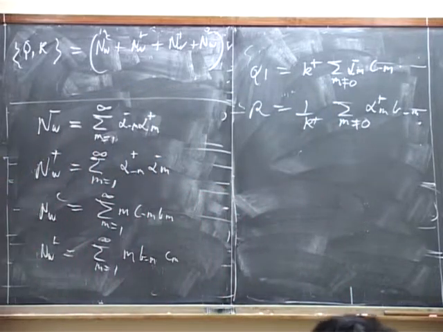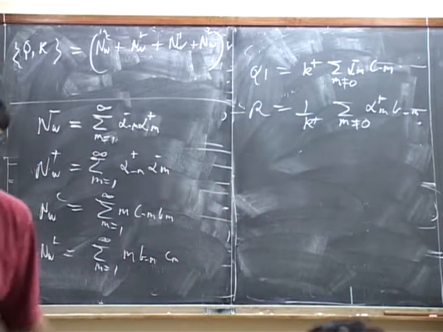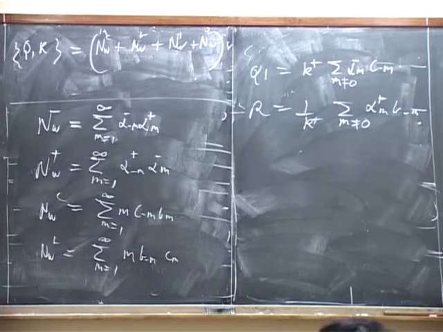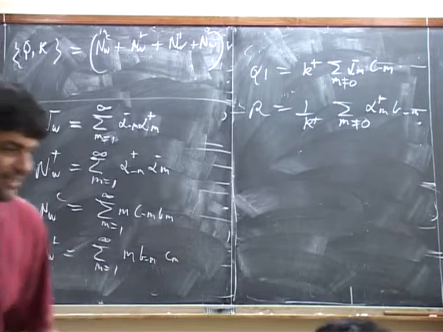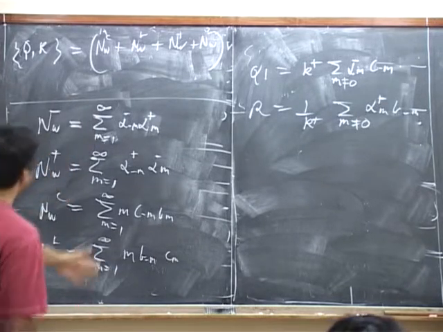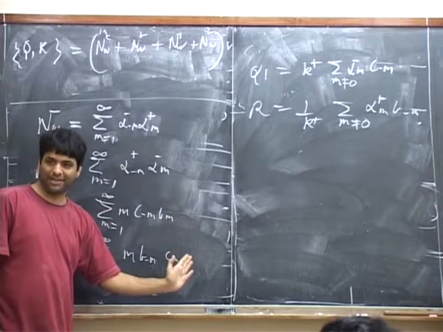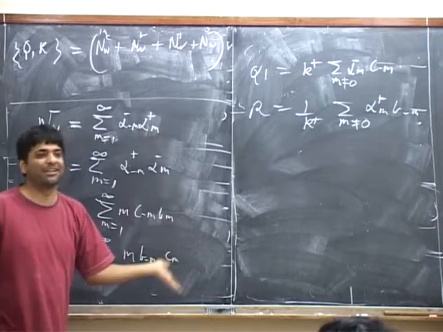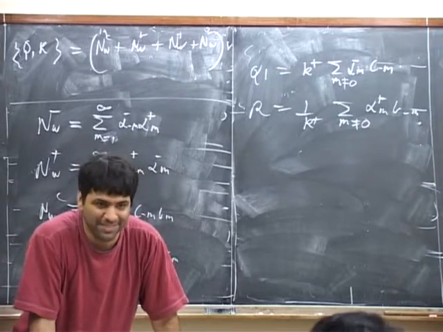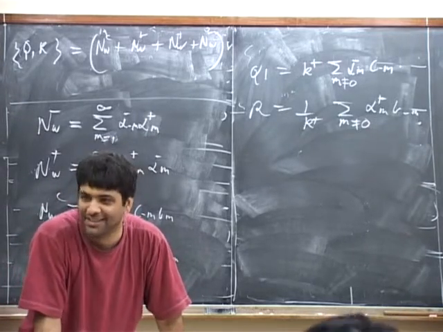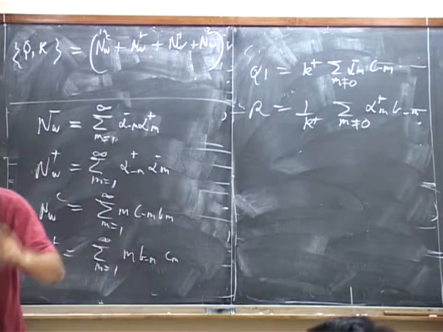So there's always one destruction operator acting. Therefore, the anti-commutator of Q1 and R must also annihilate the vacuum. So we've finally fixed the normal ordering constant by normal ordering the final expression. Is this clear? Yes, it unambiguously determines the answer. That's a good question. Thank you.